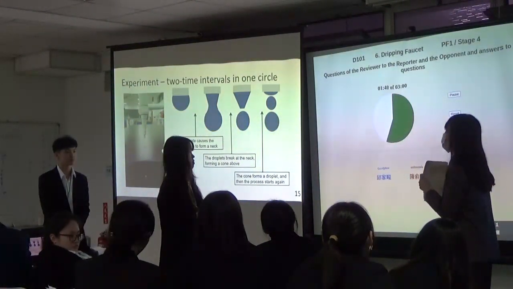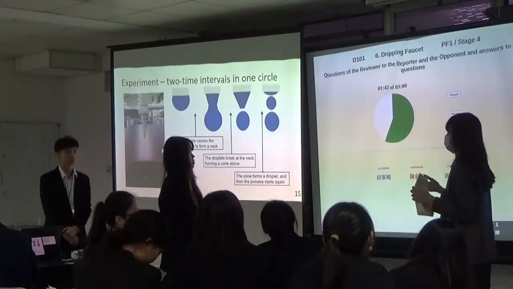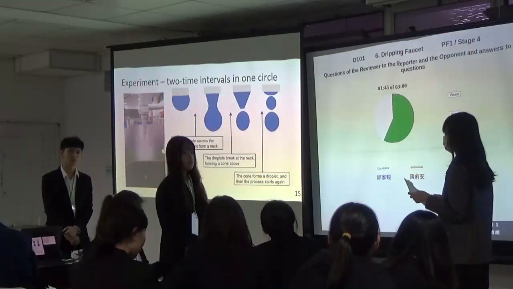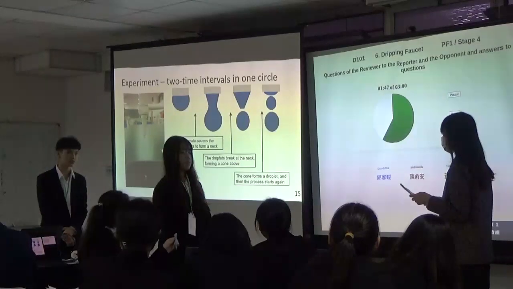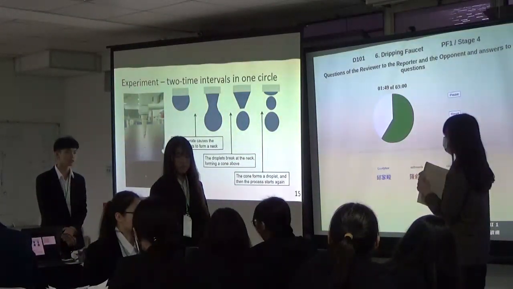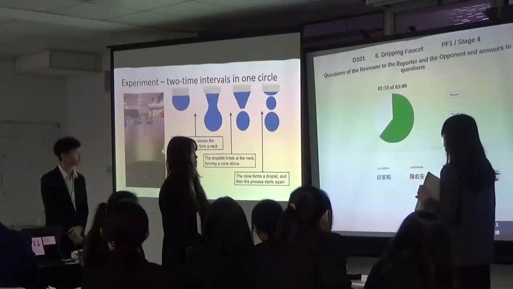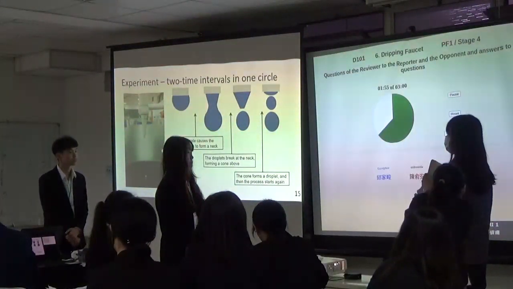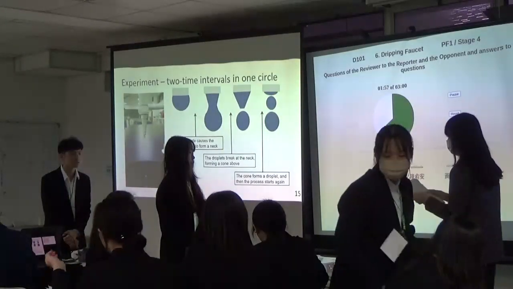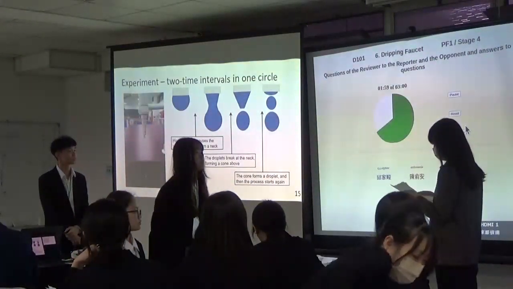What part of the droplet is reflected? All part of the graph. But you say it will stretch, so stretch. That's why they use stretch. Okay, thank you for that.